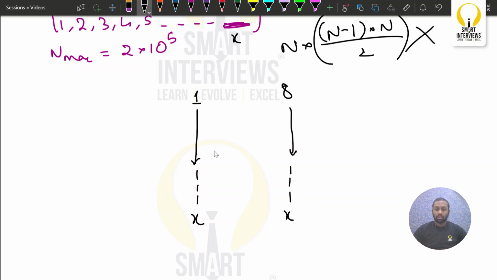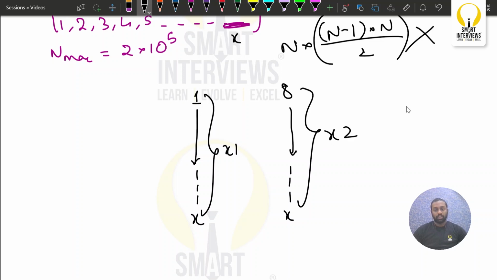Its difference array is not smoothly increasing. So from 1 to x, do you think more elements will be there, or from 8 to x? Obviously 1 is lesser than 8, which means if 1 to x has some x1 elements, and 8 to x has some x2 elements, obviously x1 is going to be greater than x2.